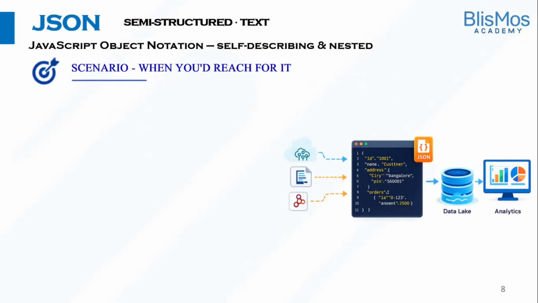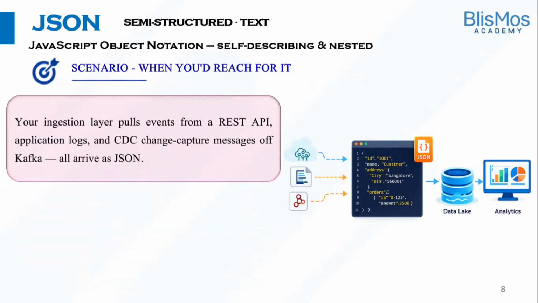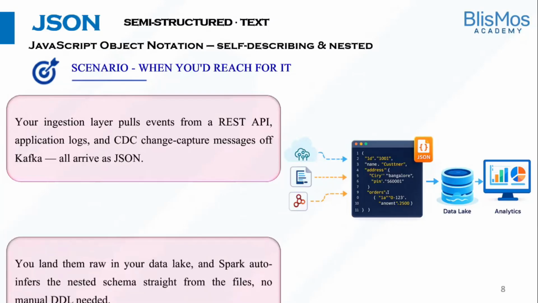Your ingestion layer receives data from three sources: a REST API, application logs, and the CDC events coming through Kafka. These events may all arrive as JSON. You can land those JSON files directly into your data lake. Then Spark can read these files and infer the nested schema. This makes JSON a very convenient format for the ingestion layer, especially when the incoming data is semi-structured.